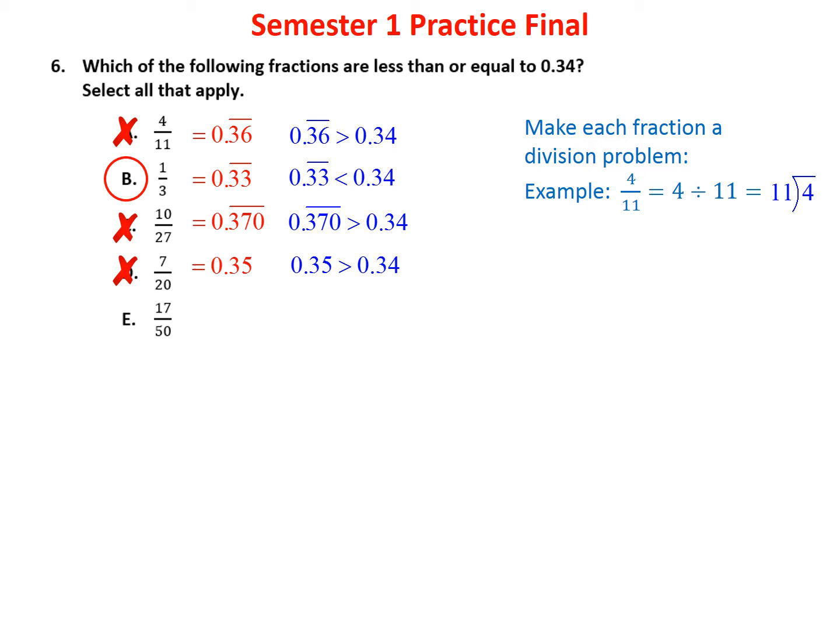And finally, 17 over 50. 17 over 50 is 0.34. In this case, they're equal. Now notice up here in our question, it says less than or equal, with a sign like that. So this would be equal, so that would have been included as an answer for this one. So the answer for 6 is B and E.